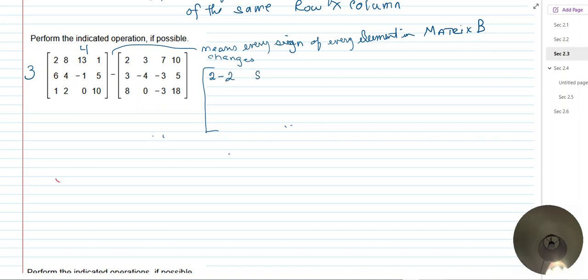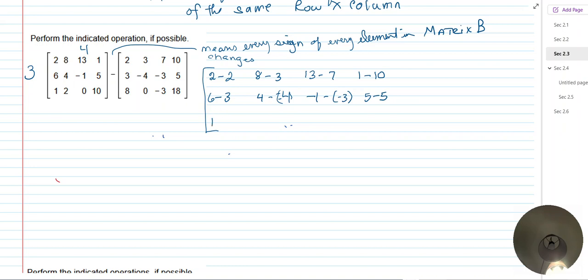Then it'll be 8 minus a 3, then a 13 minus a 7, then a 1 minus a 10. On the second row, we'll have a 6 minus a 3, then a 4 minus a negative 4. So that's a double negative rule. Then a negative 1 minus a negative 3, then on the last item 5 minus 5.